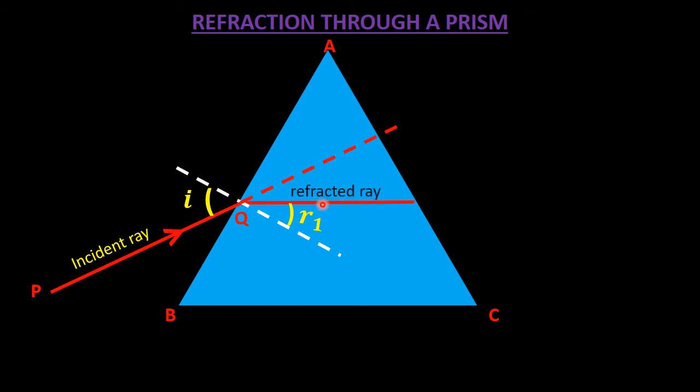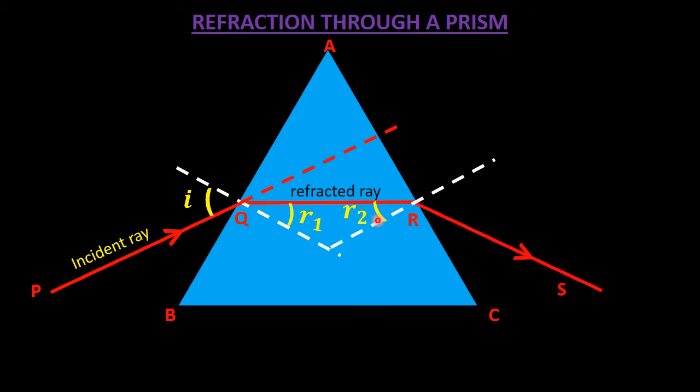And again this refracted ray at this point suffers a second refraction, where the ray is traveling from denser medium to rarer medium. So here also we draw a second normal, and let us represent the angle between the refracted ray and the second normal by R2.